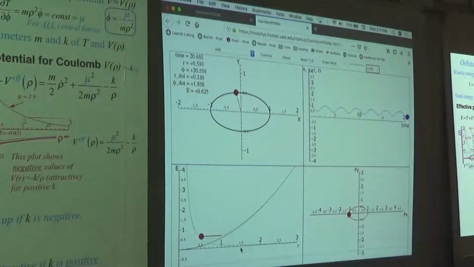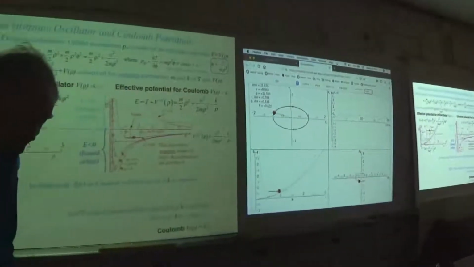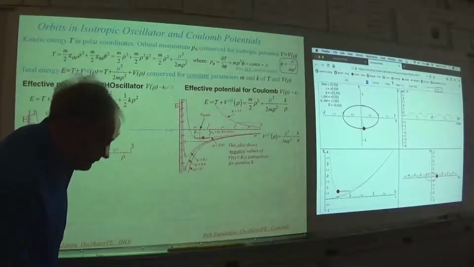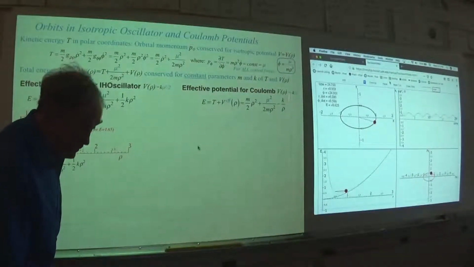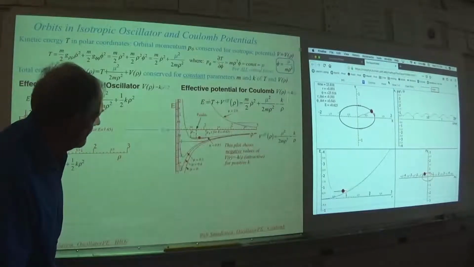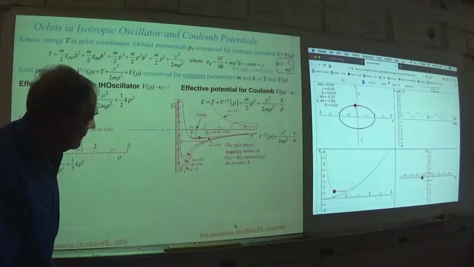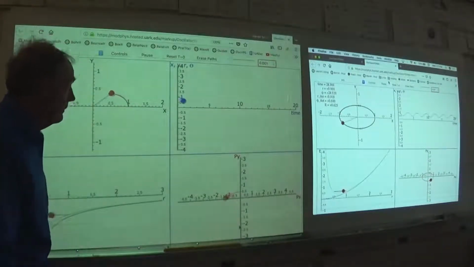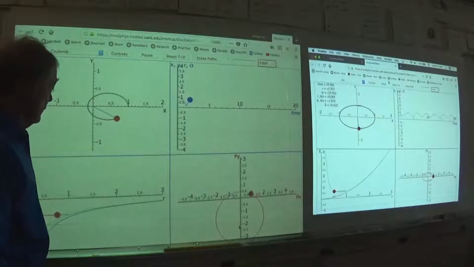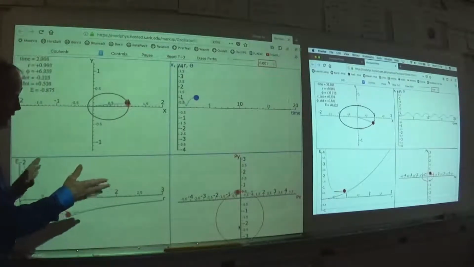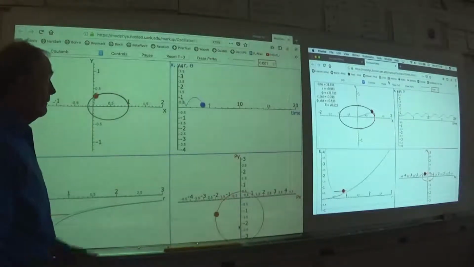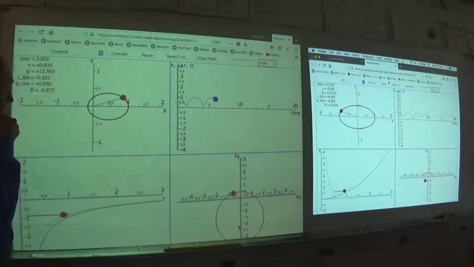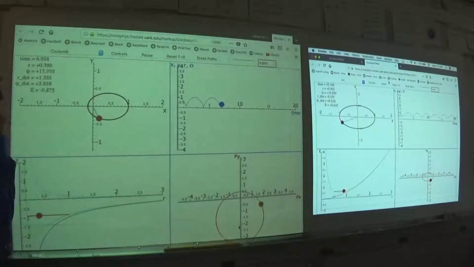Here, I'm going to see if I can get the Coulomb one to go real quick. I just clicked something to advance the page. There we go. Let me get that going, and I'll play these against each other. In any case, the things that we're going to be discussing that are new involve this one, but we did look at this briefly before when we were doing the introductory unit.